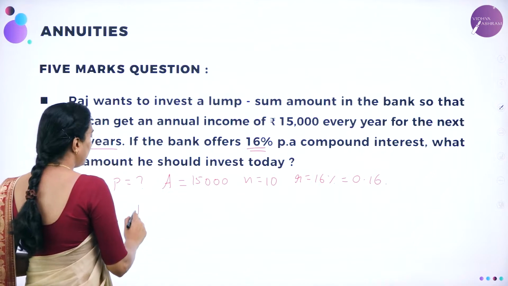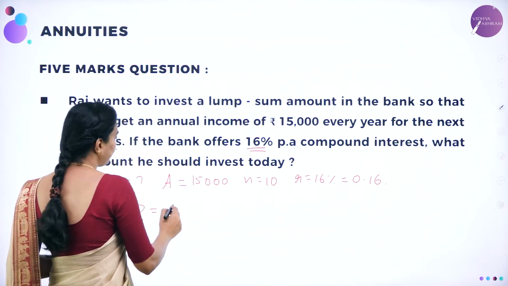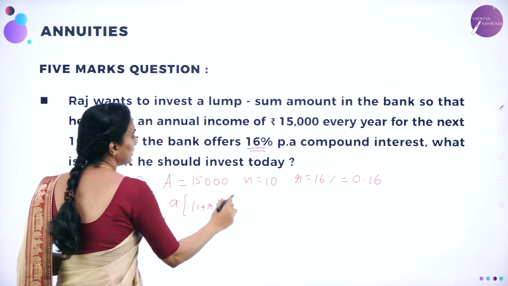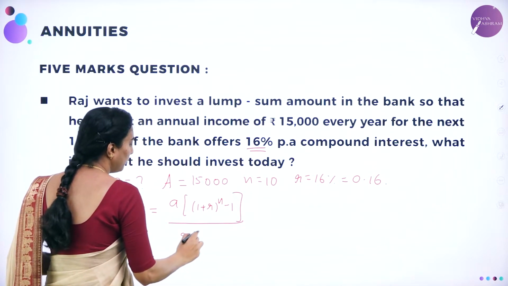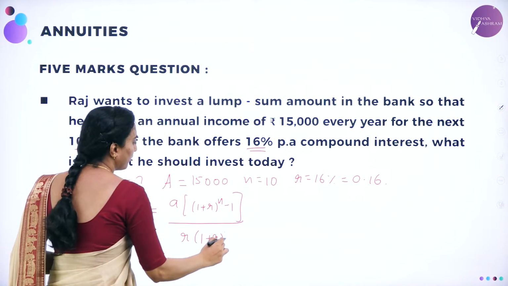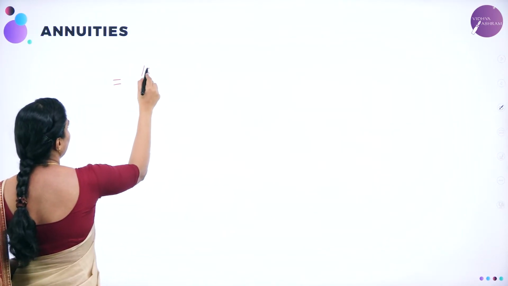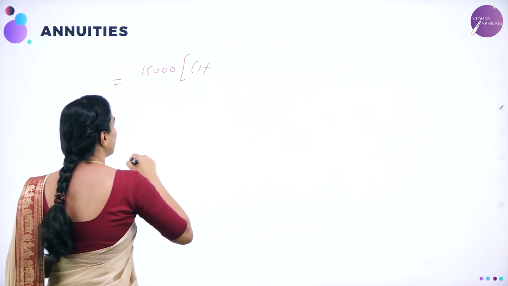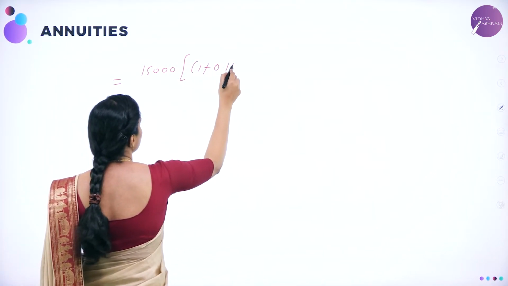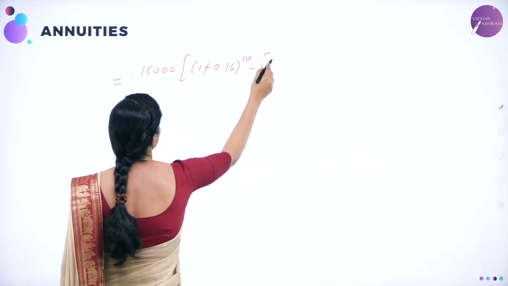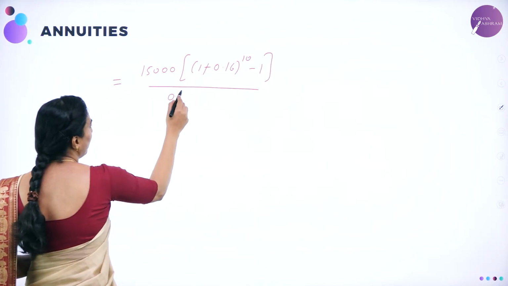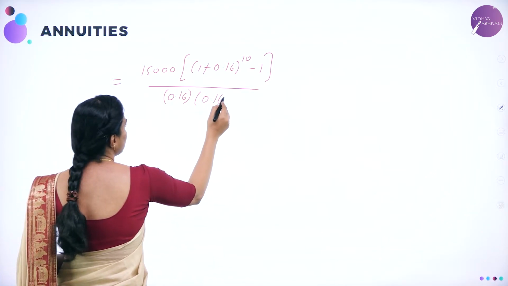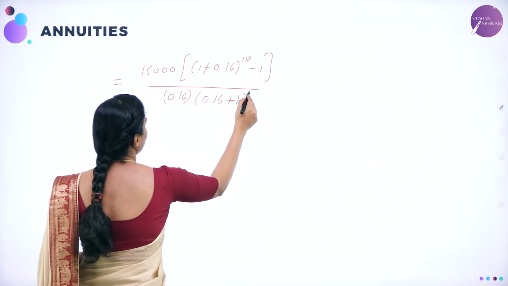So, we know that P will be equal to A into 1 plus R to the power of N minus 1, divided by R into 1 plus R to the power of N. P will be equal to A, which is 15,000, into 1 plus R, that is 0.16, to the power of N, which is 10, minus 1, divided by 0.16 into 1 plus 0.16 to the power of 10.